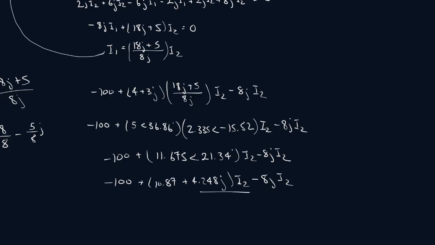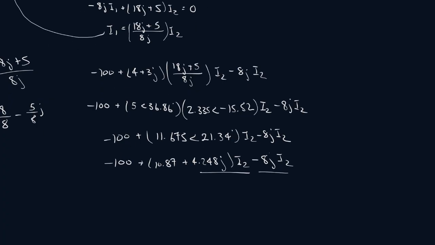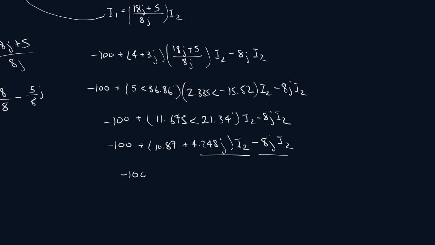So obviously we just combine these two. So it's minus 100. Hold on, let me quickly calculate this. Okay, so 10.87 minus 3.752j times I2. Let's bring the 100 to the other side.